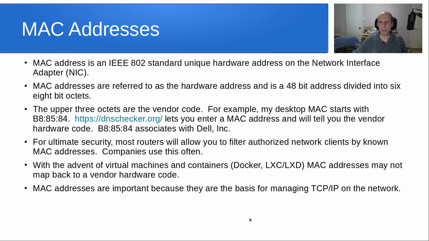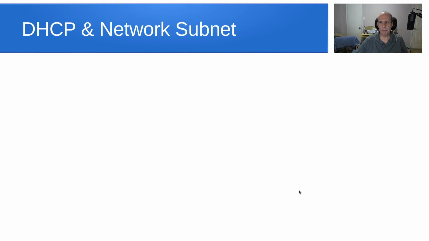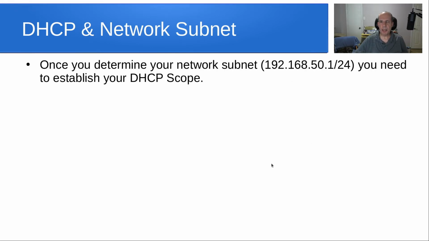So MAC addresses are important because they're the basis for managing TCP/IP on the network. You have a piece of hardware or virtual device, it has a MAC address. The MAC address is going to get assigned a TCP/IP address. So how does that happen? It happens through DHCP.